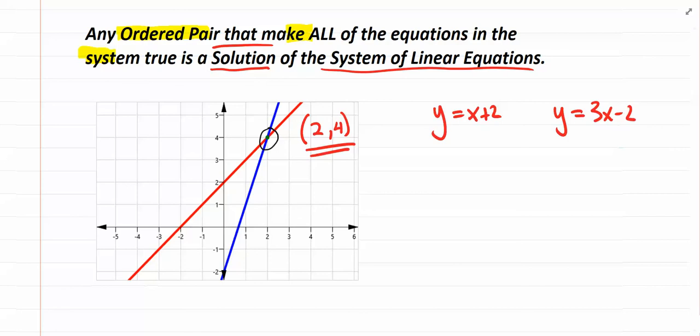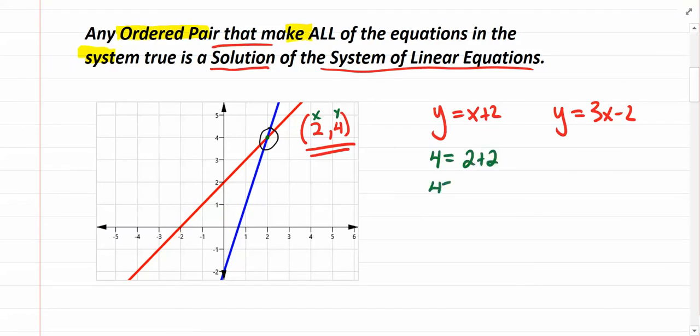So the way that we could check to make sure that this is right is to plug it in. This is our x, this is our y. So does 4 equal 2 plus 2? Yep, 4 equals 4. That means that this is true, or it works for this linear equation. Plug in the same point. So 4 equals 3 times 2 minus 2.